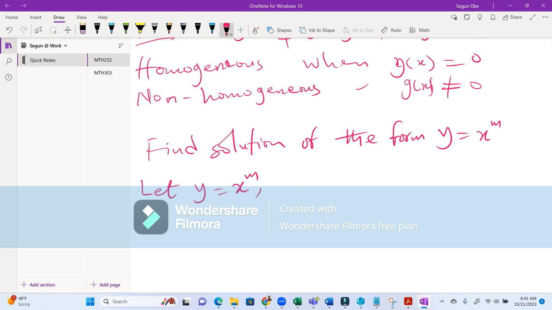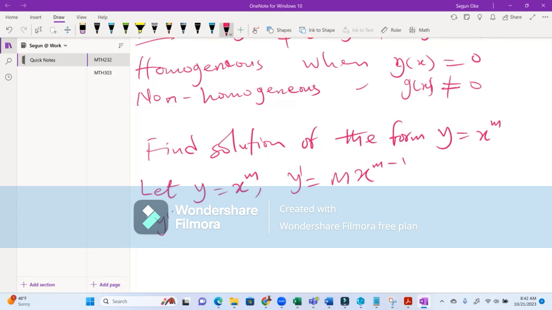Let's differentiate this. y prime is equal to what? Who can tell us? Anybody? y prime, differentiate this. mx raised to power m minus 1. Thank you.